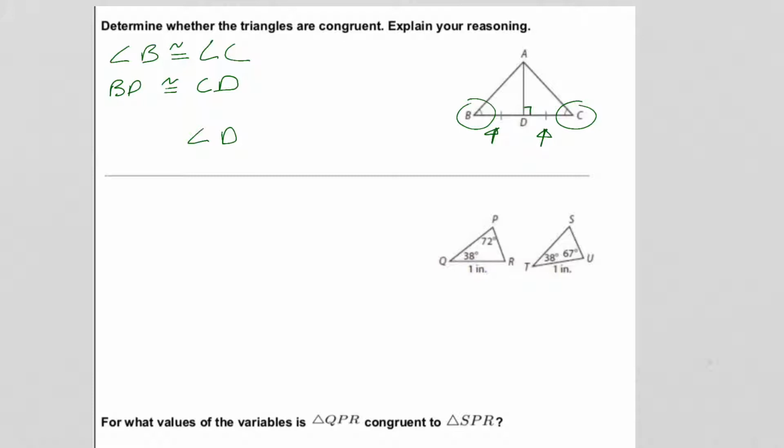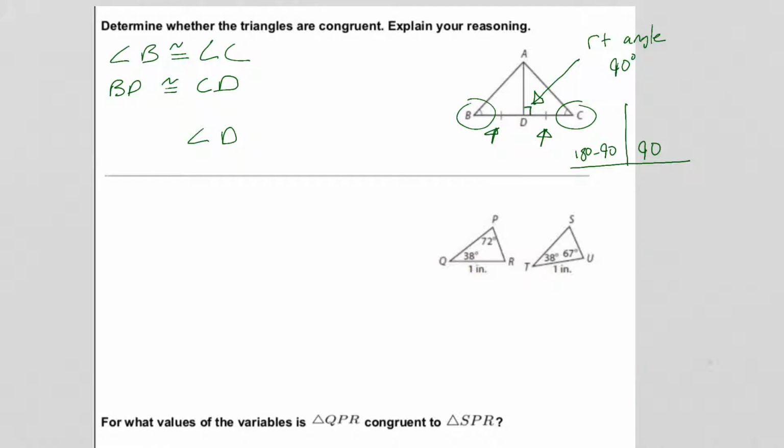Angle D. Now, hopefully remember that little square there, that box, if you will, means that this is a right angle. And right angles measure 90 degrees. Now, by the linear pair theorem, if I have this, and this is 90, this is going to be 180 minus 90.